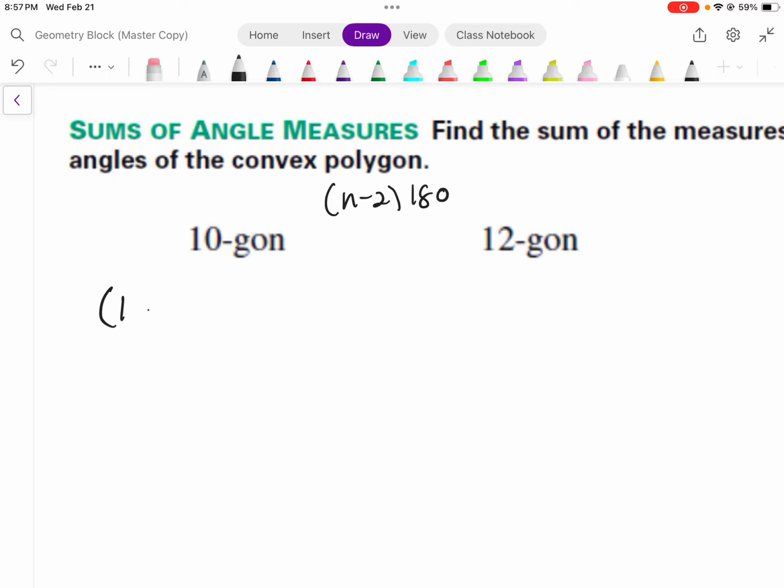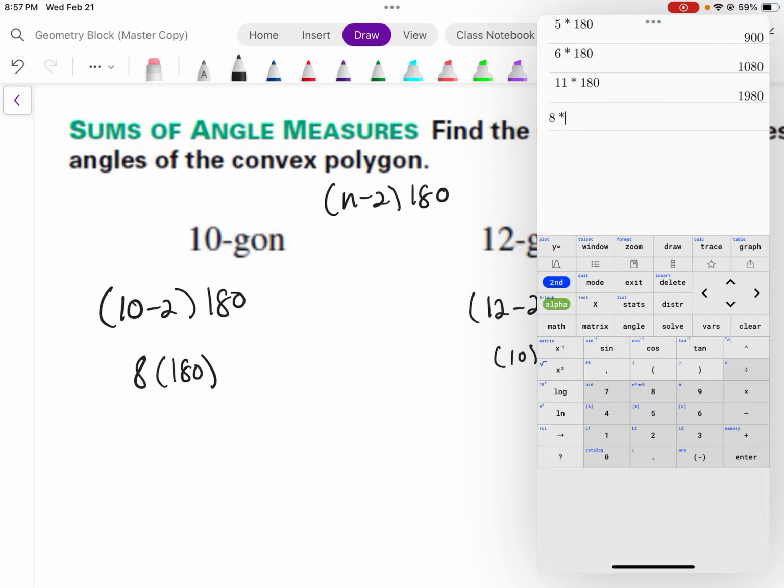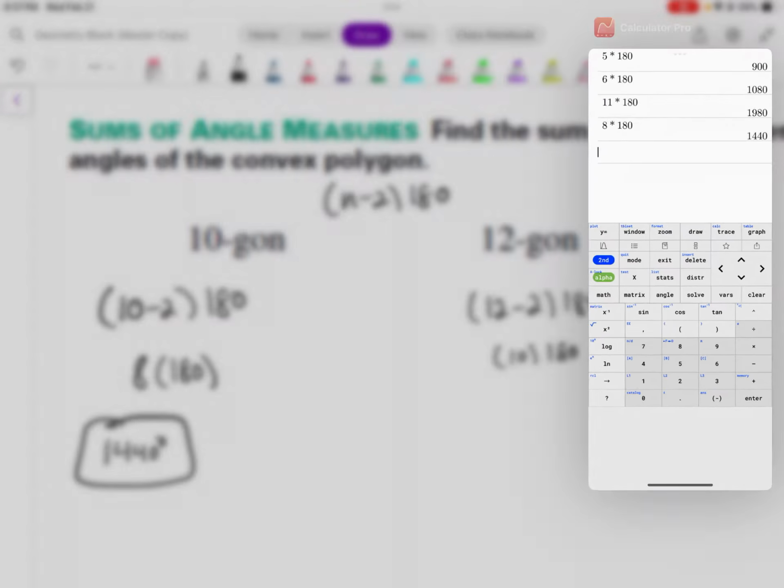So if I go a 10-gon, 10 minus 2 times 180, which will give me 8 times 180. 8 times 180, I get 1440. So that would be the interior sum of a 10-gon, which we call a decagon.